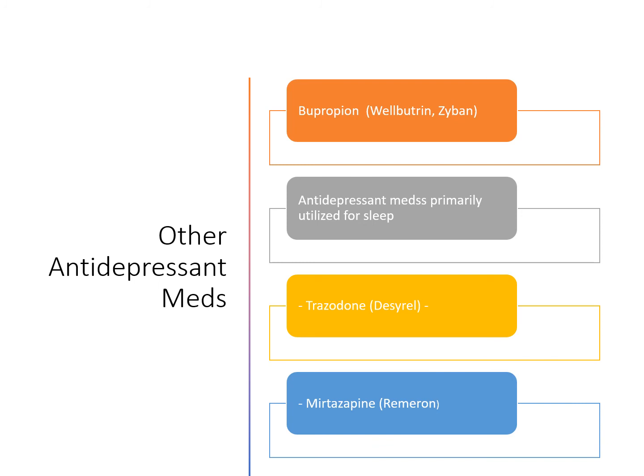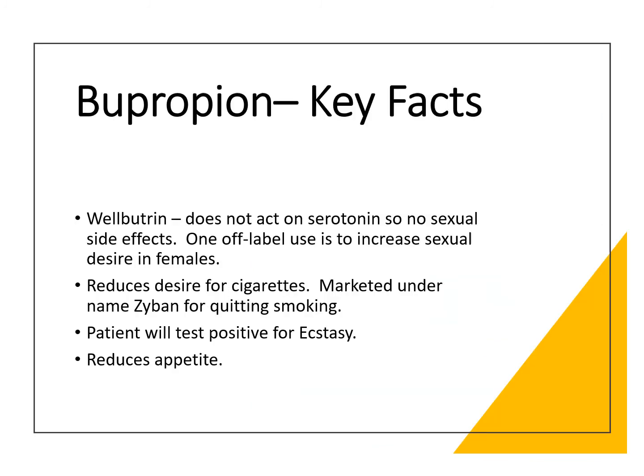We're going to talk more about that on the next slide, more key facts for Wellbutrin or bupropion. Then medications primarily used for sleep, we have trazodone and Remeron, and we're going to talk a little bit more about those as well.